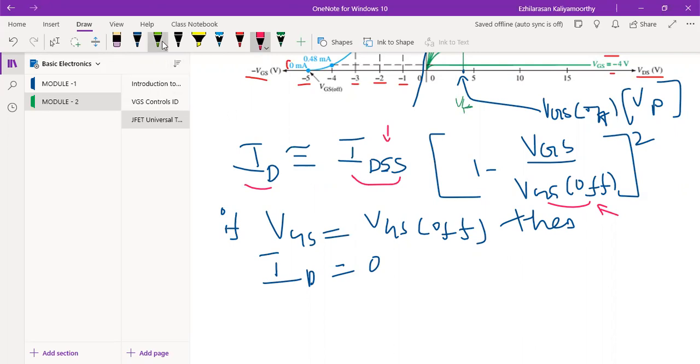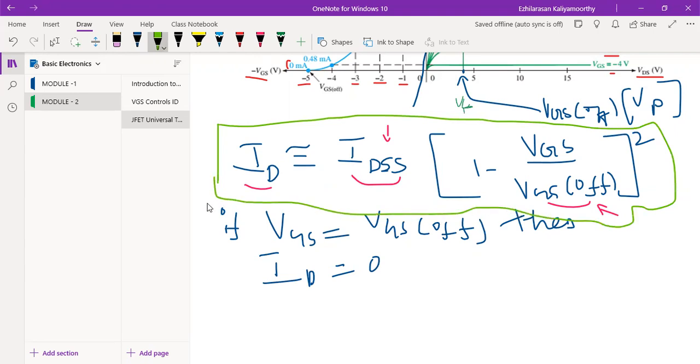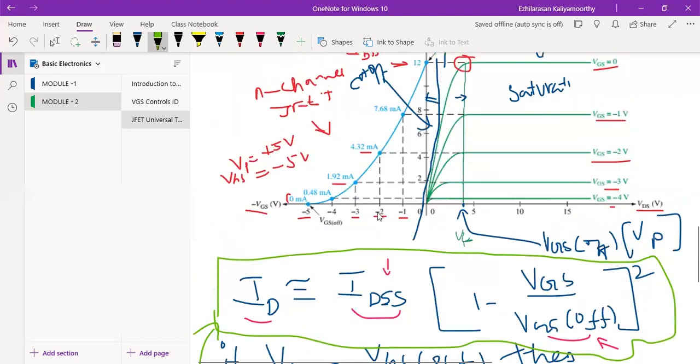So this equation we can name it, as from this relationship we can say it's a parabolic relationship. This will give you the parabolic relationship.